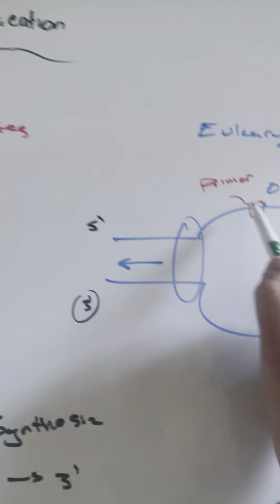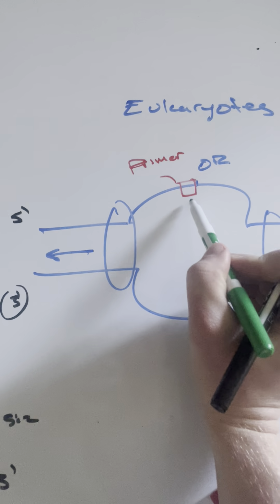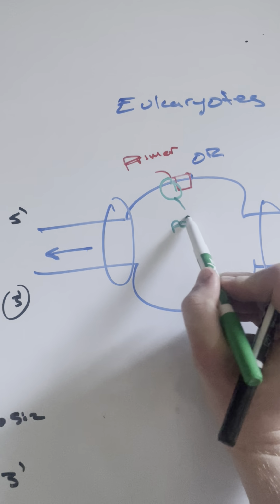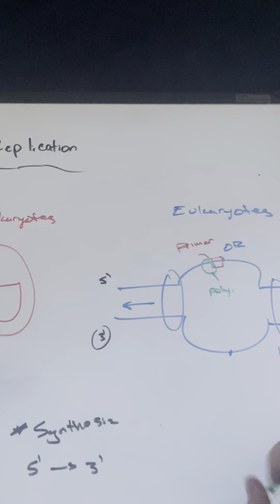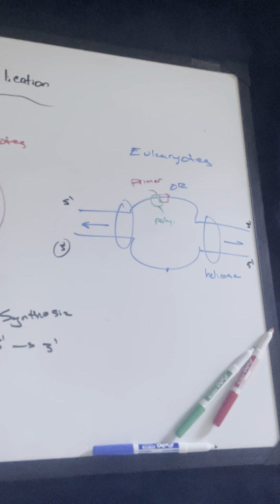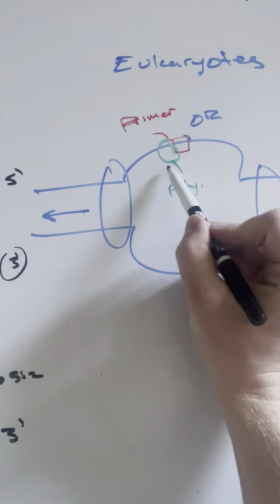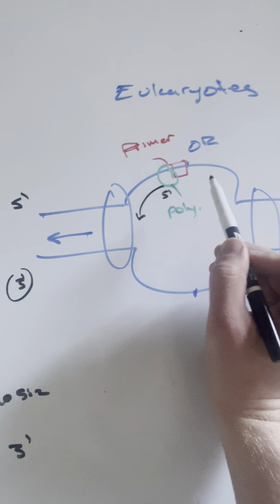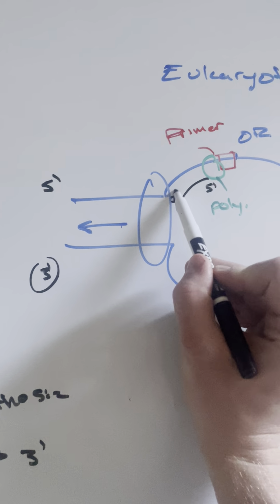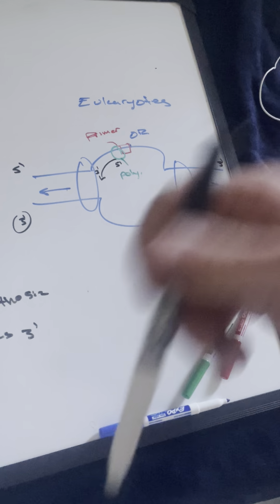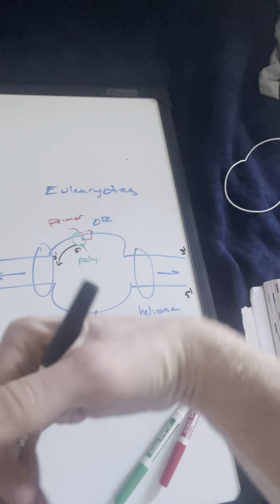And then our polymerase is going to recognize it, and we're going to come in right there. Polymerase. And then we're going to start shooting off some DNA, and we're going to go this way. This is going to be the 5', because 5' is going to be closer to the 3', and then we're going to go 3', and this is going to happen uninterrupted, because we're going in the right direction.